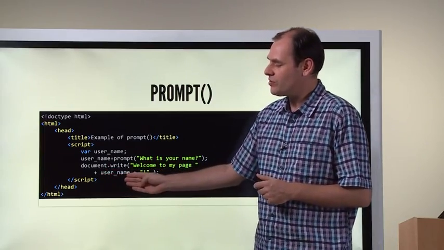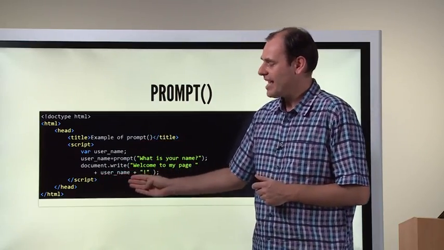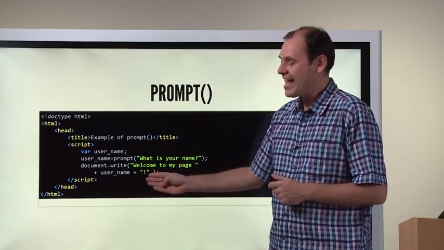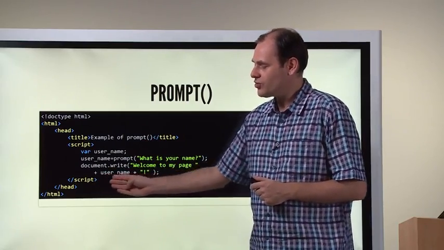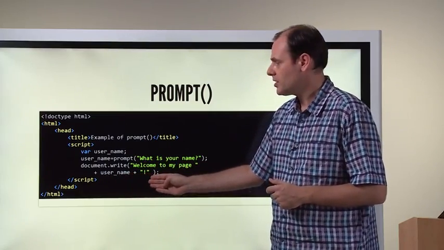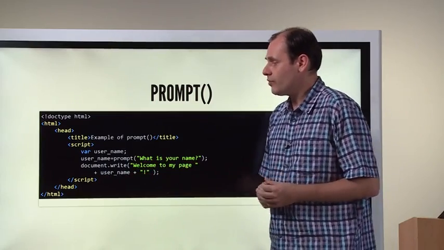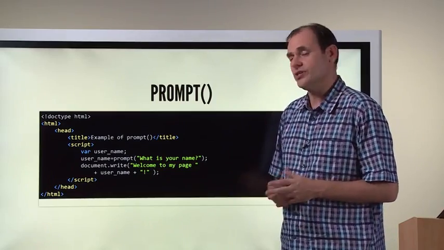And then whatever the user typed in from the prompt window, show that. And then the third piece of text, exclamation mark. So I typed in David, so it shows: Welcome to my page, David, exclamation mark. That's just an illustration of how we could use prompt, and that's the end of our examples for this presentation.